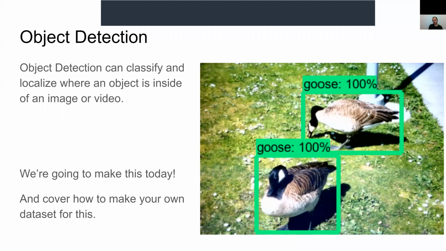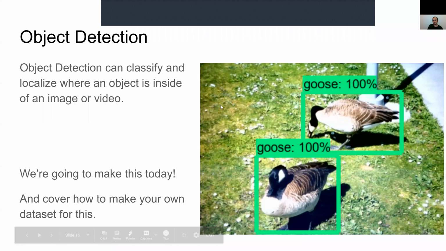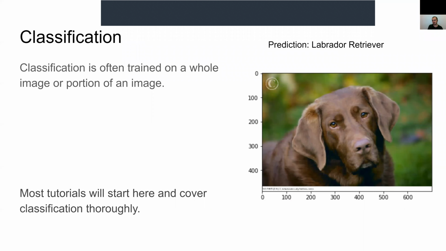And you could train this on multiple objects too. So you could be detecting geese as well as ducks, and if a duck was right here, it could draw a box around it and classify it as a duck as well. And it does use a classifier as part of the algorithm to do this.